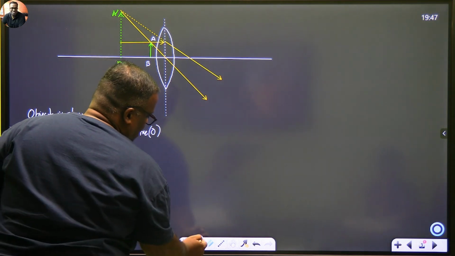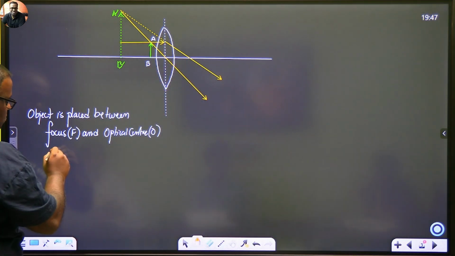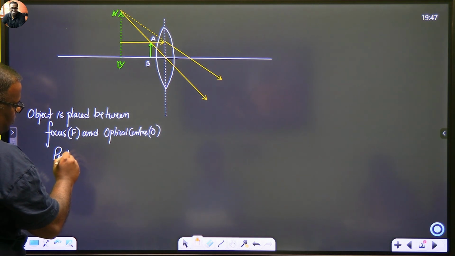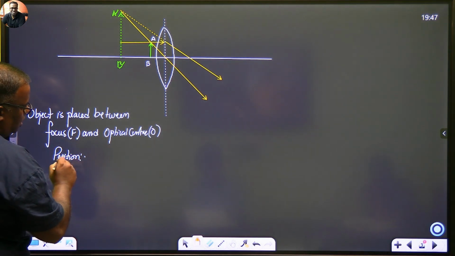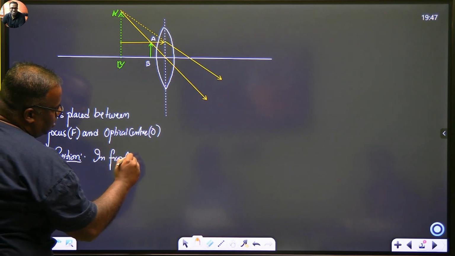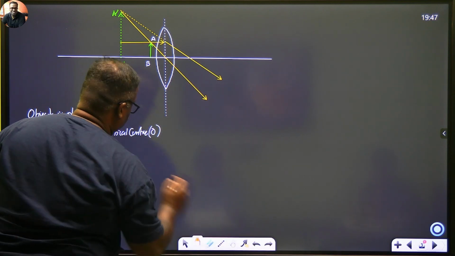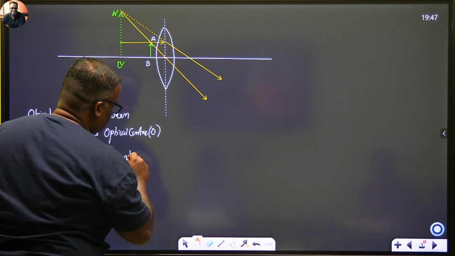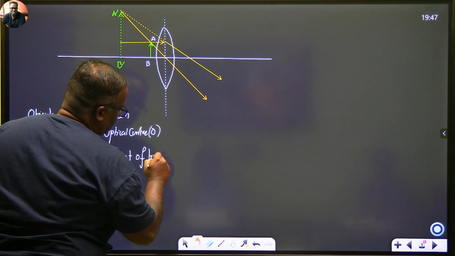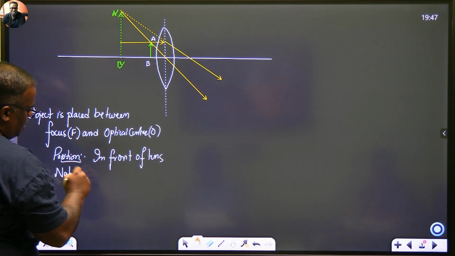Now let us put our comments about the image. What will be our comments? Position. Position would be in front of mirror. Sorry, not mirror, lens. In front of lens. What about the nature? Tell me.